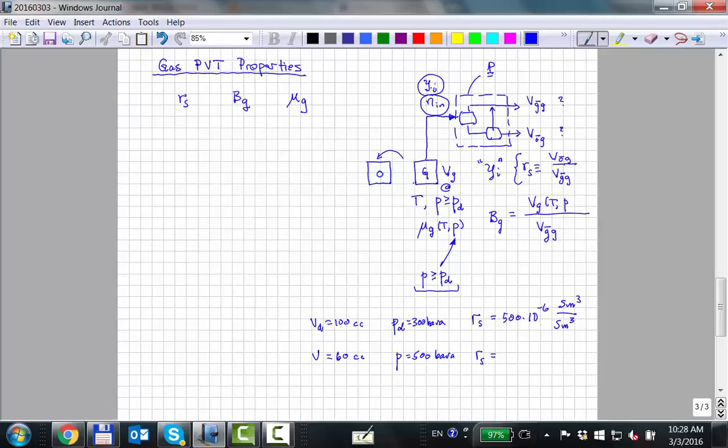Confusing? We have this container of gas at 300 bar. So many moles, 0.68 moles I think I said, in 100 cc's. If we compress the gas to 500 bar, we still have 0.68 moles. That's it. But now we've got 60 cc's.